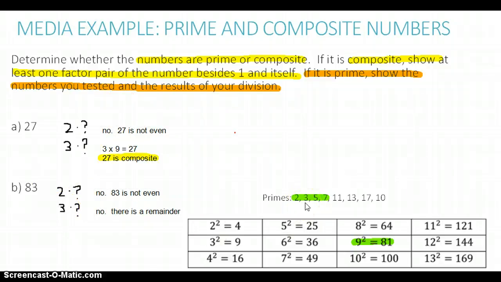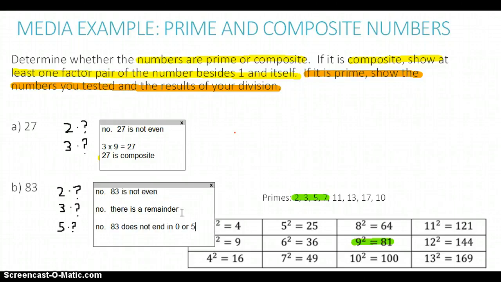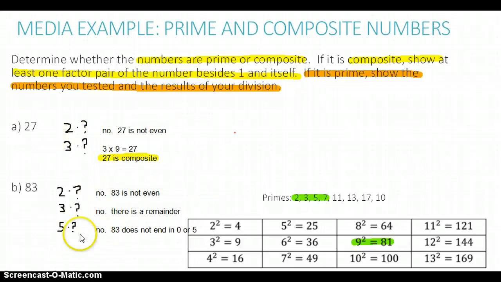Notice we don't have to check 4 because we're doing a prime test. We can check 5. 5 is also an easy one to check. You can use your calculator if you'd like, but the answer will be no, 83 does not end in 0 or 5. So 83 is not divisible by 5.